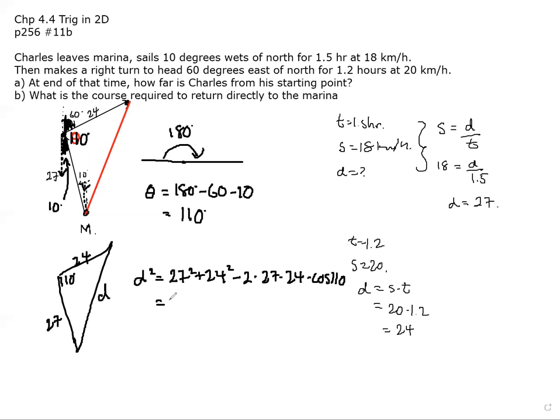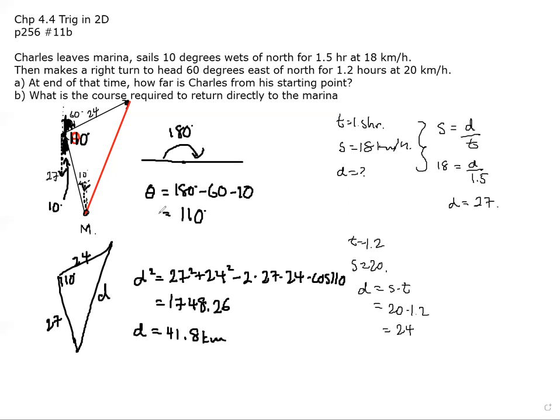It gets me 1,748 point approximately 26. Square root that to find the actual distance. It is about 41.8 kilometers. 41.8 kilometers away.